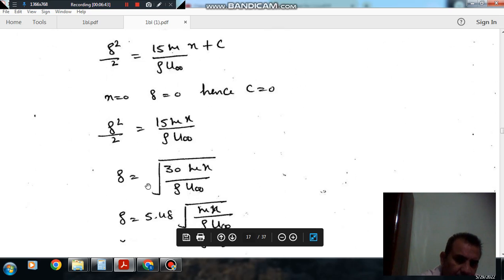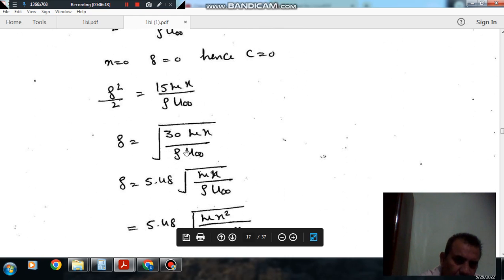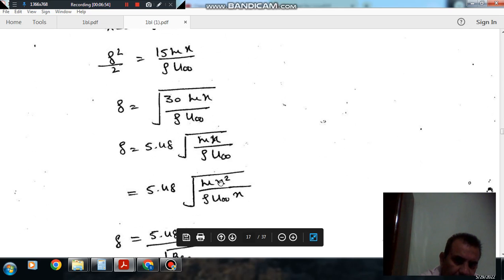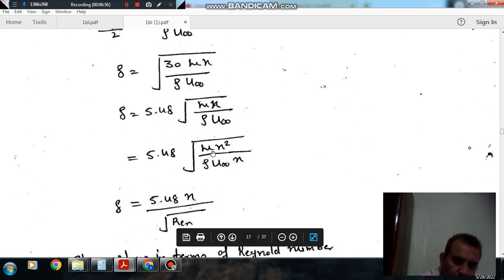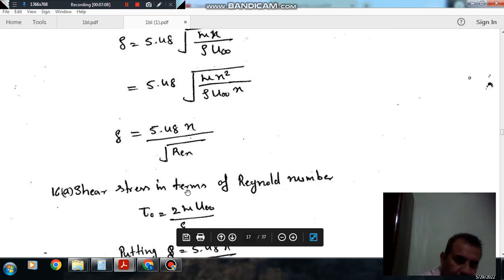So delta is 5.48 mu x by rho u infinity, or we can multiply by x and divide by x. Now rho u infinity x by mu becomes Reynolds number. So boundary layer thickness in terms of Reynolds number is 5.48 x by root Re.